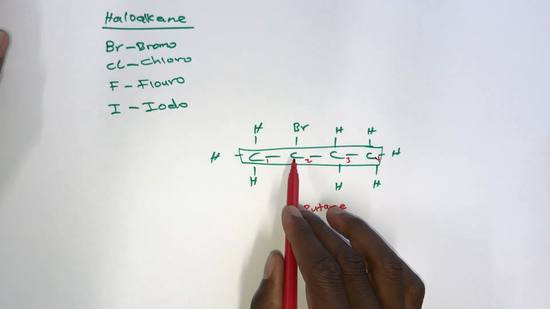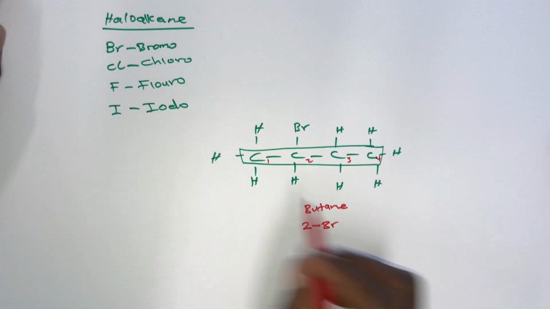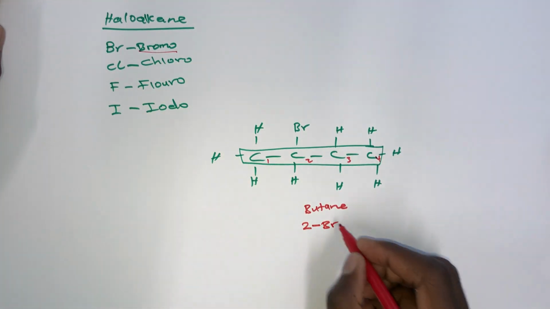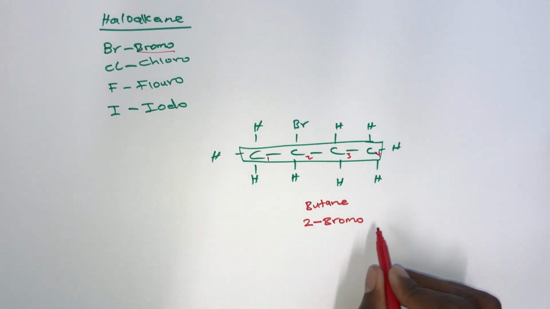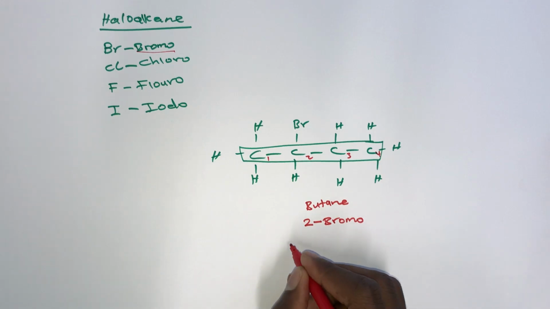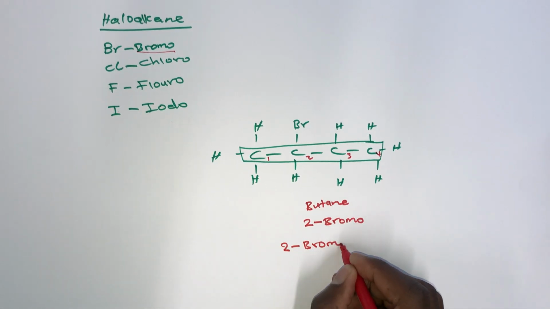But let's check carbon atom number 2. There is bromine. So carbon atom number 2, dash, we said we're going to call it bromo. And then now we combine the name. We start with the bromine, so we're going to say 2 dash bromo.